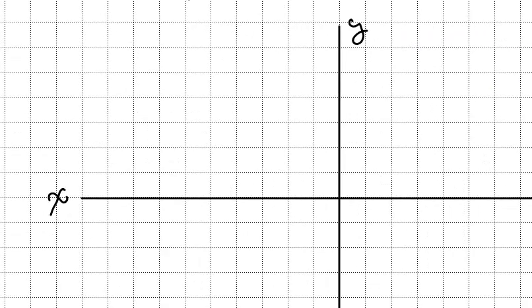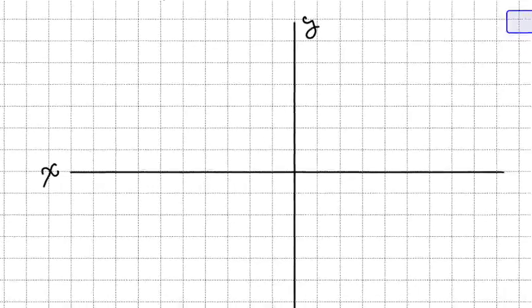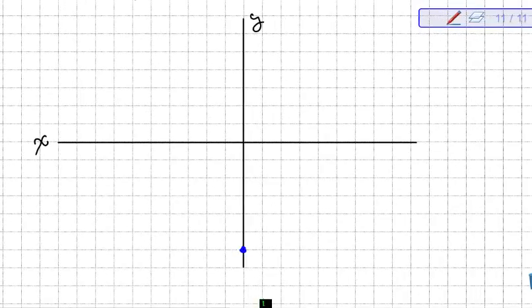I had, first of all, my y-intercept was at 0, negative 6. So 1, 2, 3, 4, 5, 6. So 0, negative 6. So this point is 0, negative 6. I had an x-intercept at negative 3, 0. So right here.